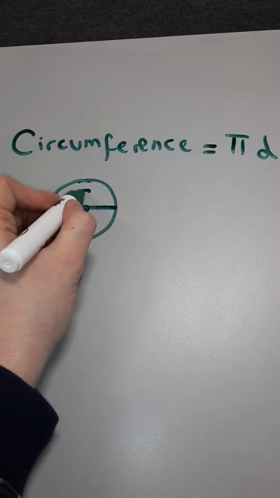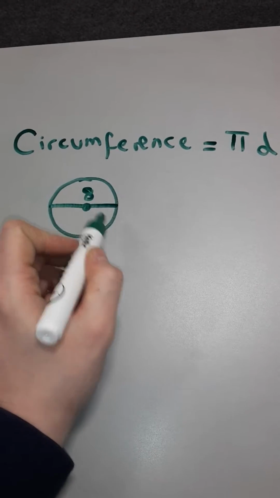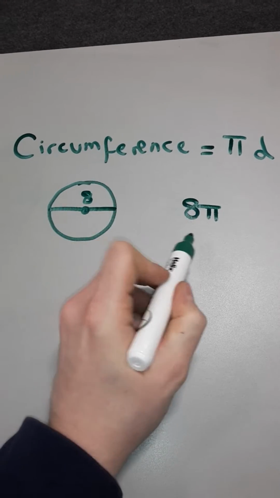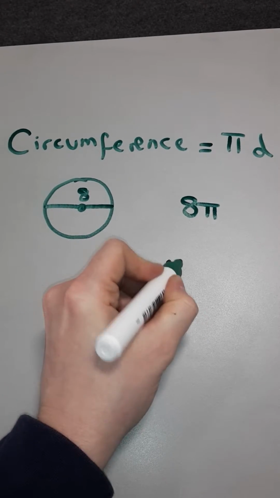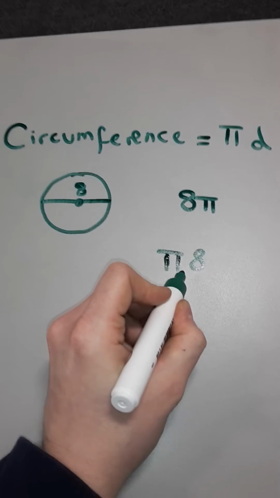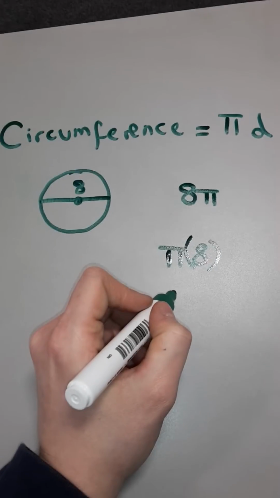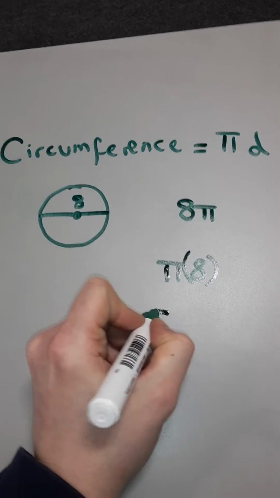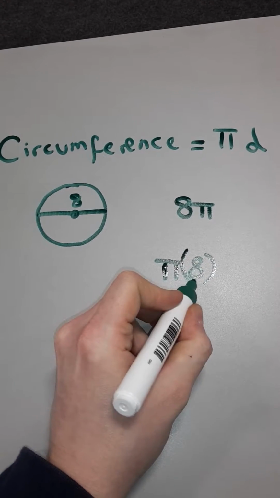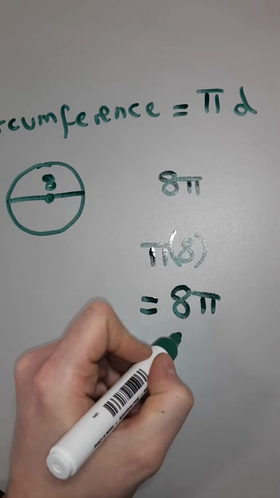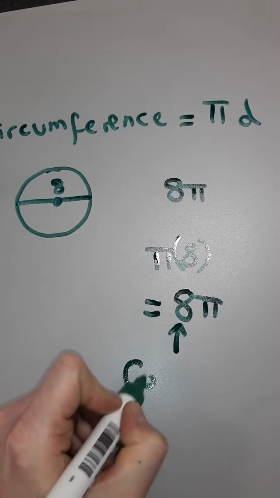So if, for instance, the diameter is 8, you just need to times 8 by pi, and this is how we write it. You wouldn't write pi 8 because that's ungrammatical. You need to put brackets around it to show that you understand it needs to be written more grammatically, and then pull your number to the front. Now, the special name for this number at the front is called a coefficient.